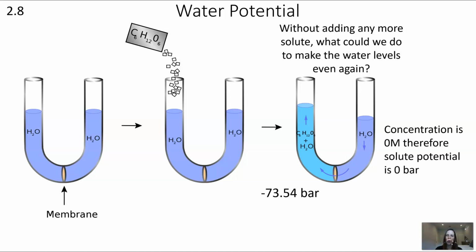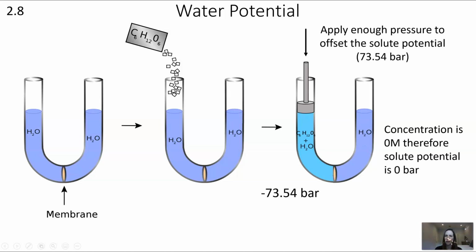All right, so now let's take a look at this next question. Without adding any more solute, what could we do to make the water levels even again? So one thing we could do is push it back the other way. So we could apply some pressure. Well, now how much pressure would we need to add? We would need to apply enough pressure to offset the solute potential.